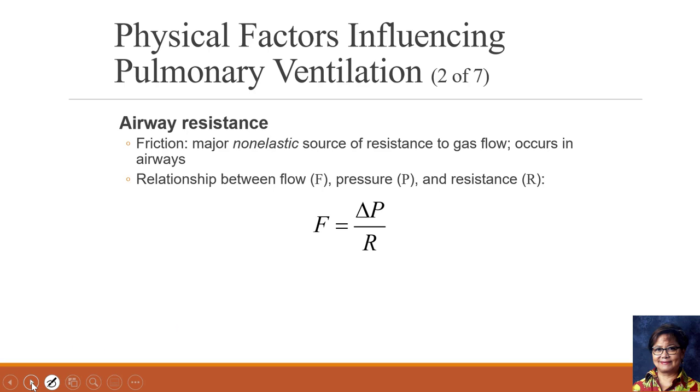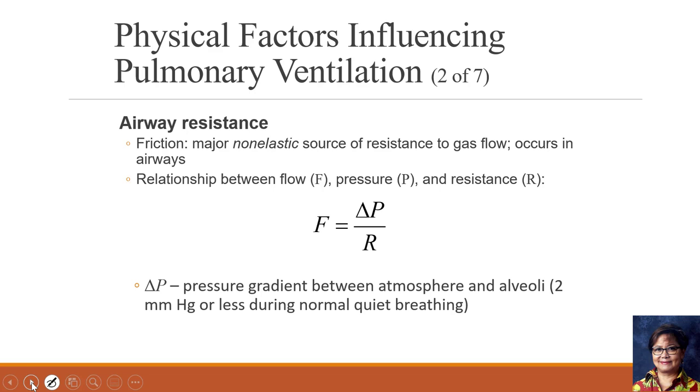F is equal to change in pressure divided by the resistance. And the change in pressure gradient between your atmospheric and your alveolar pressure is about 2 millimeters of mercury pressure or less during quiet, normal breathing.